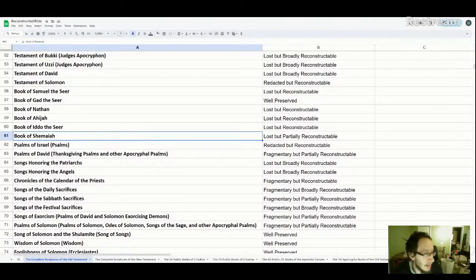Okay, it does not have Shemaiah. It has Ahijah and Iddo, but not Shemaiah for some reason. Let's see, Ahijah, it gives a small little thing.